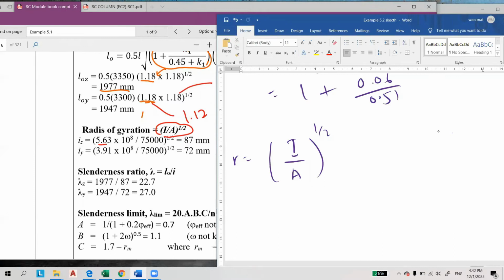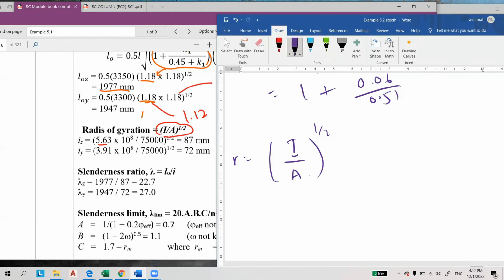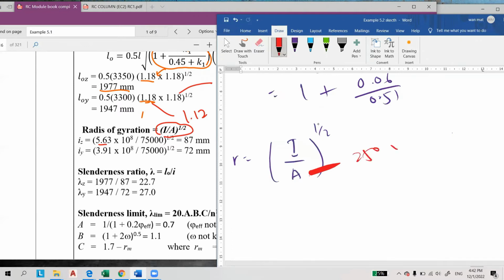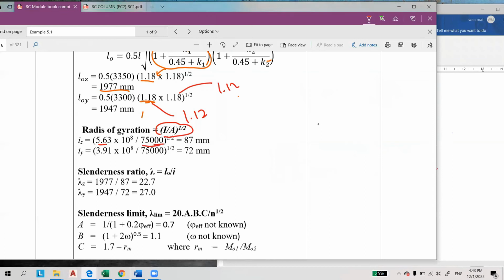The A is straightforward. A is 250 times 300. Can you check for me, is the answer right? 250 times 300, okay, 75,000. This is the value of A.